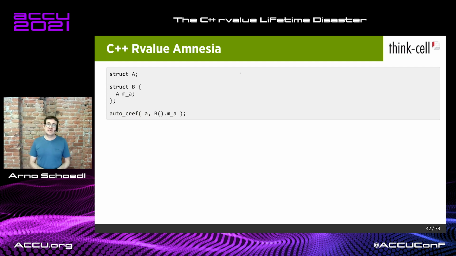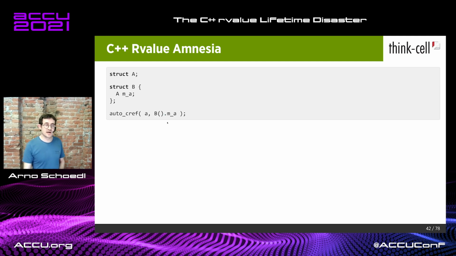All right, let's use the autocref now for more stuff. So here we have a B that is an rvalue, a temporary right here.